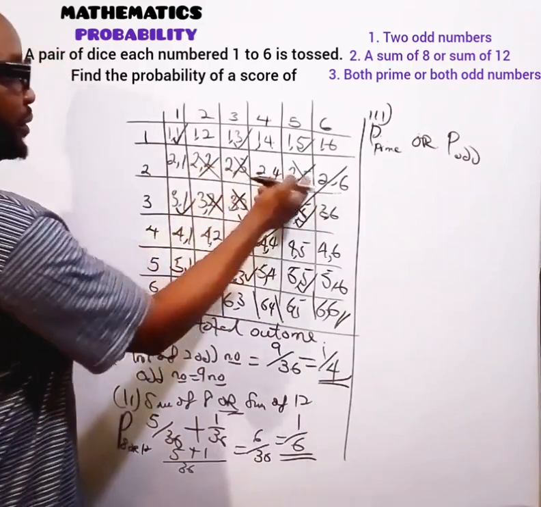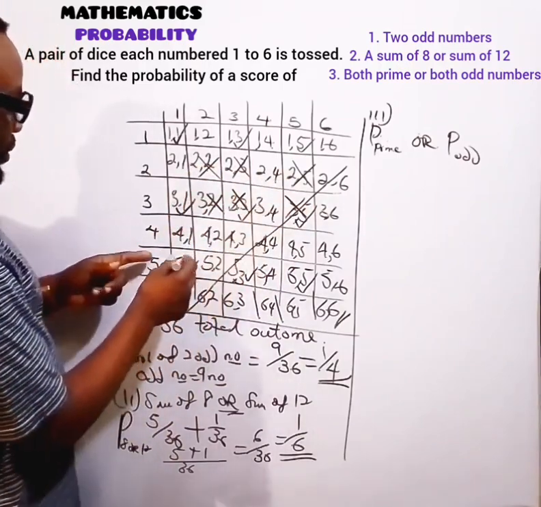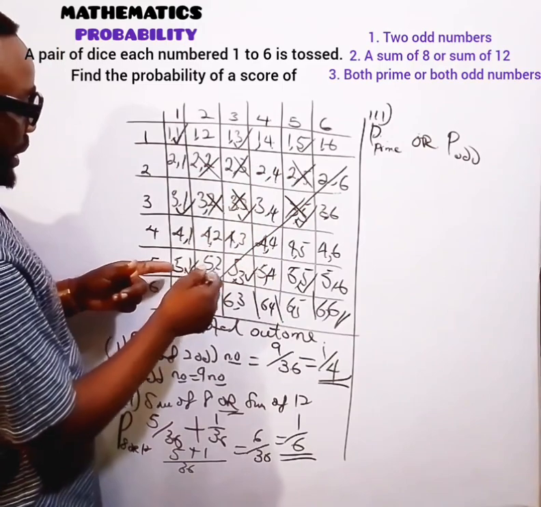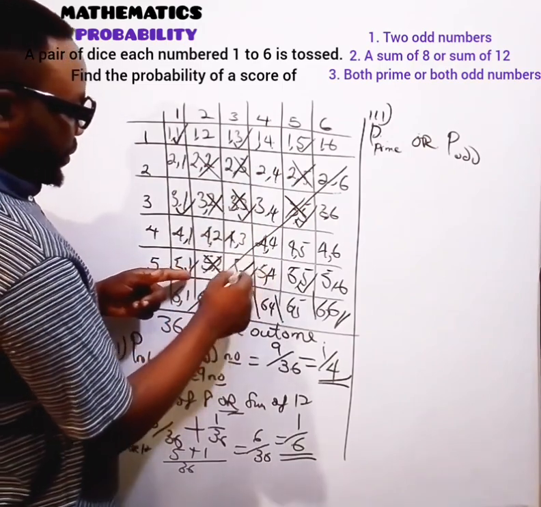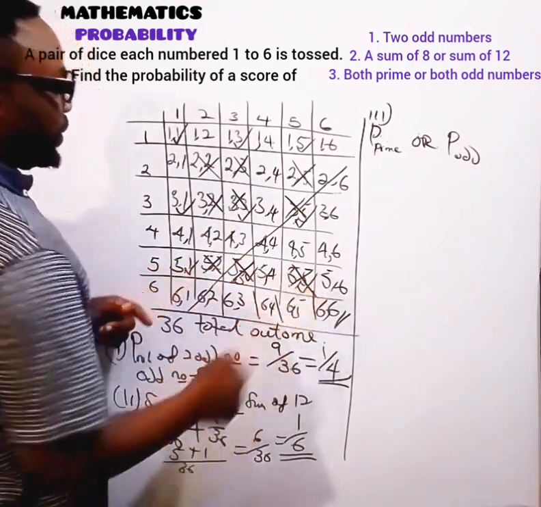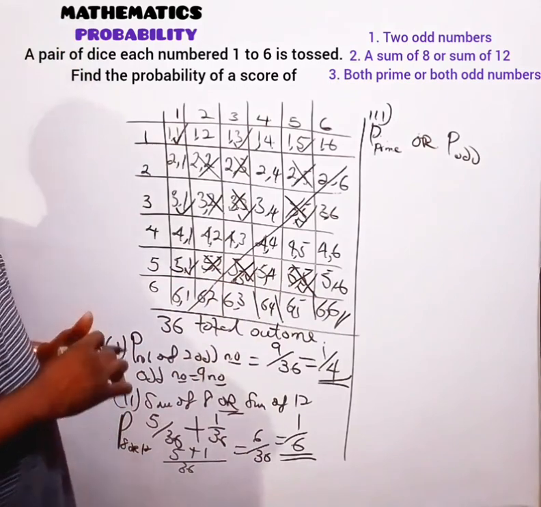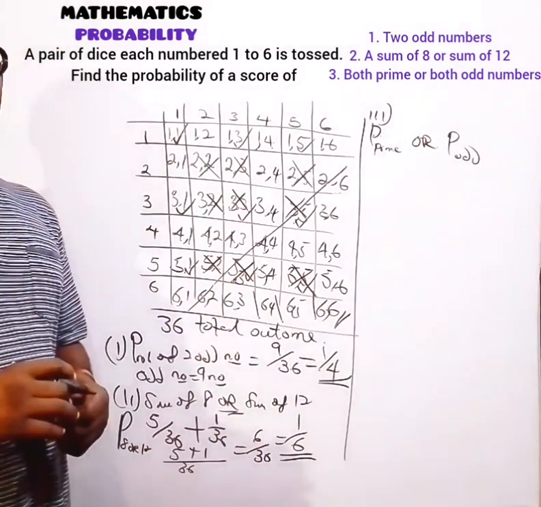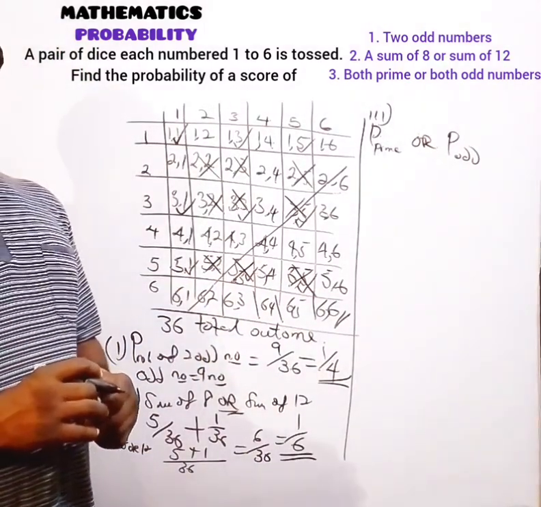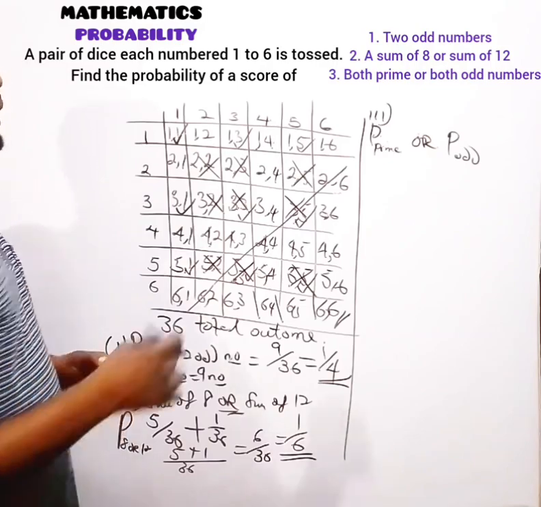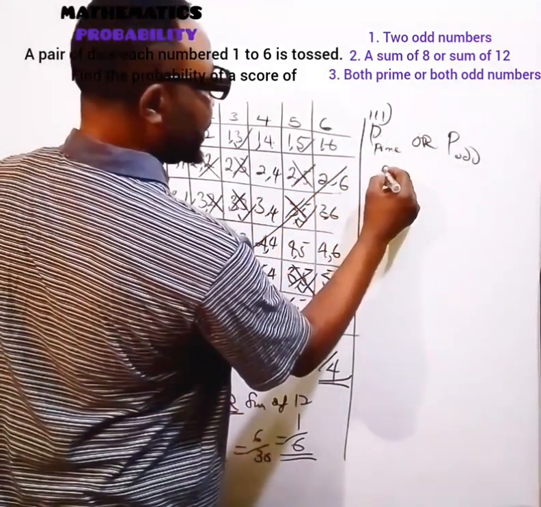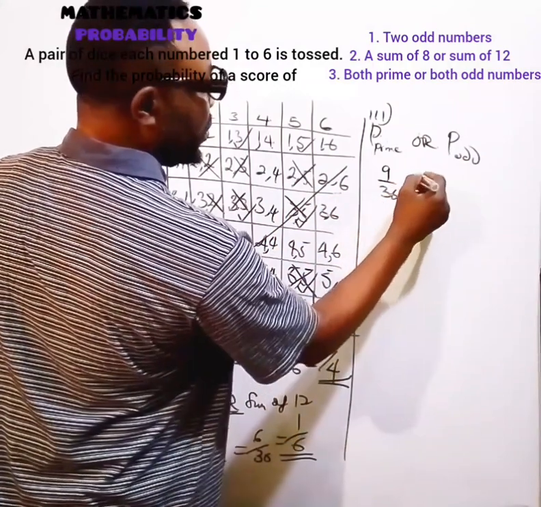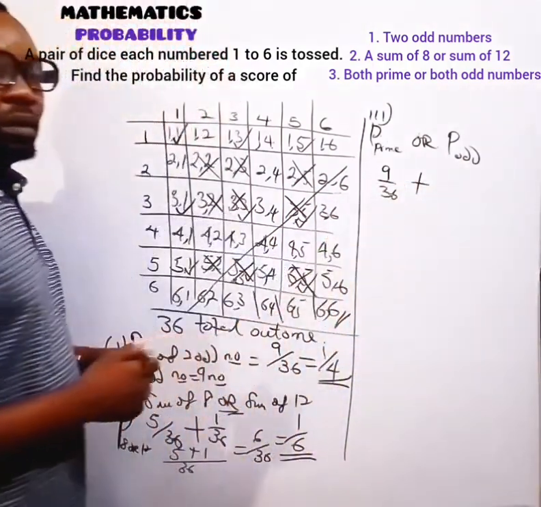Then we haven't 6. 4 cannot be. Then we have 5, 2, 5, 3, 5, 5. So we have 9 numbers that are prime numbers. So probability of prime number is 9 over 36.